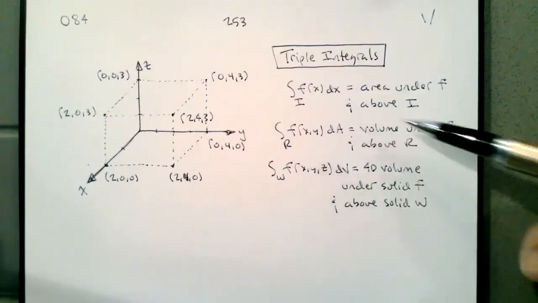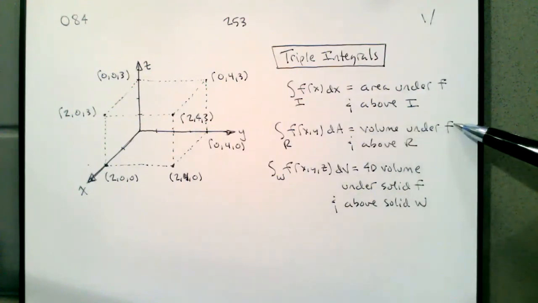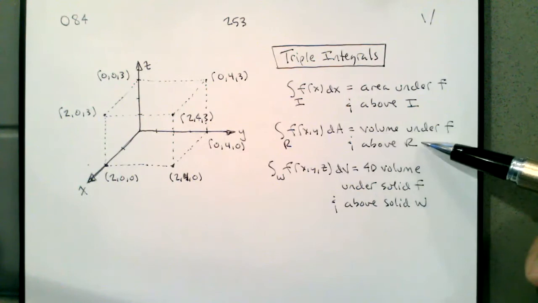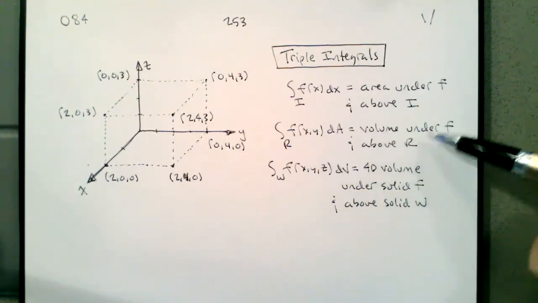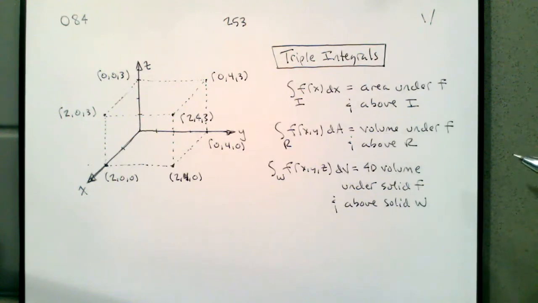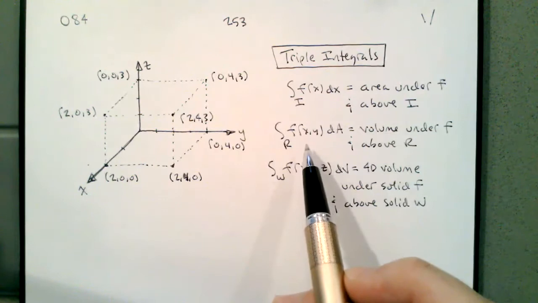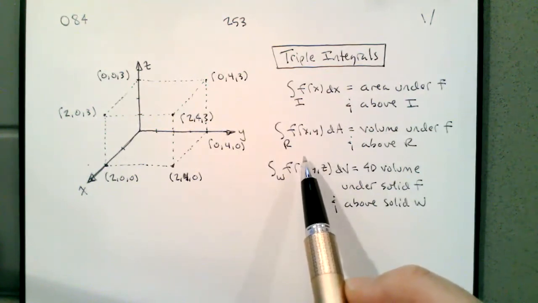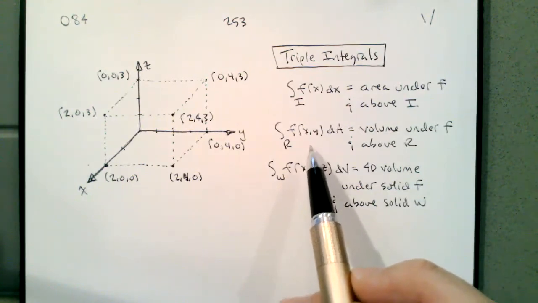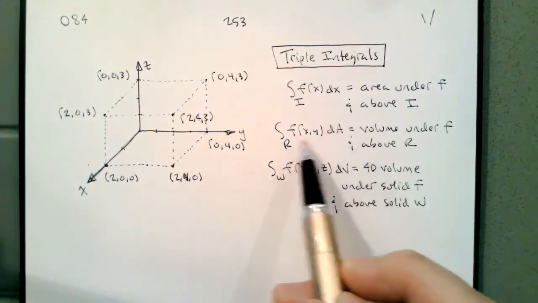The same thing is happening when we're finding the volume under a surface and above a region. So I've got two-dimensional things, and I want the volume that's captured in between them. Functionally, we are doing the same thing. I want to calculate volume by taking the area and multiplying by the height.